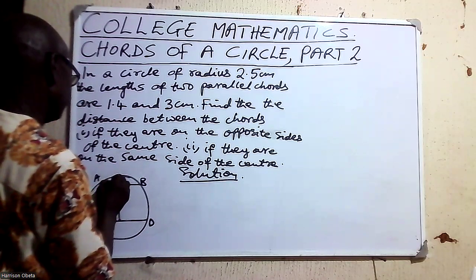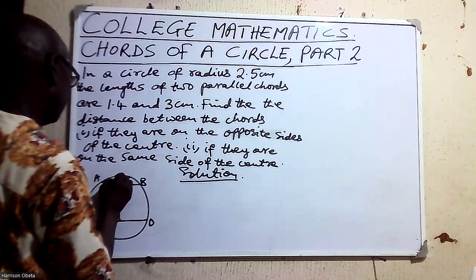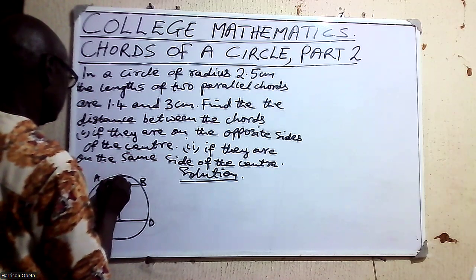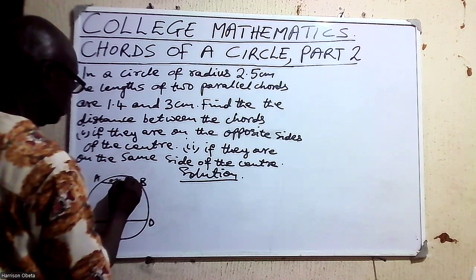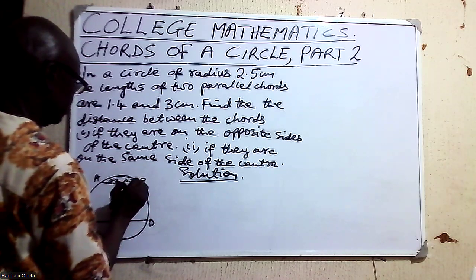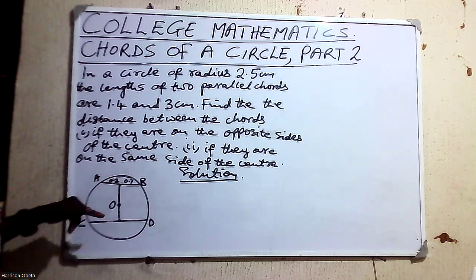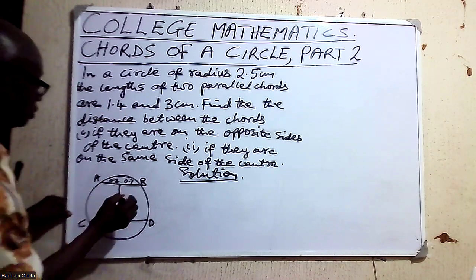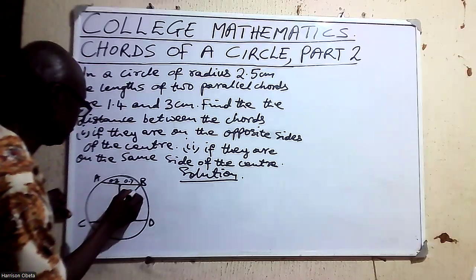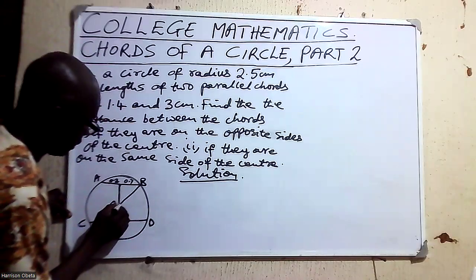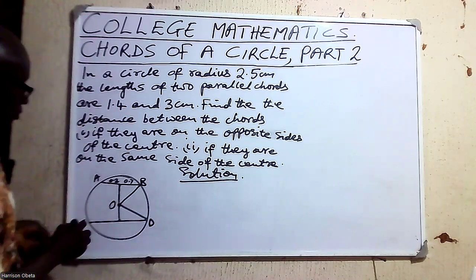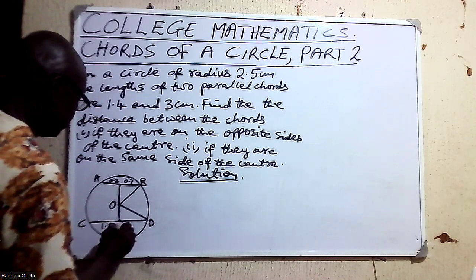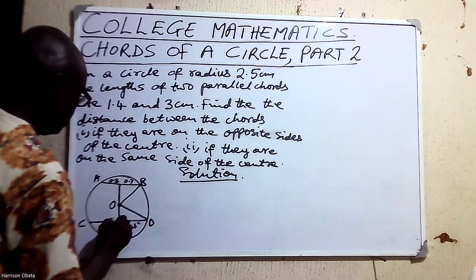That means this is 0.7, and this is 0.7, giving us 1.4. Then we also have this, and this place will give us 1.5, 1.5.